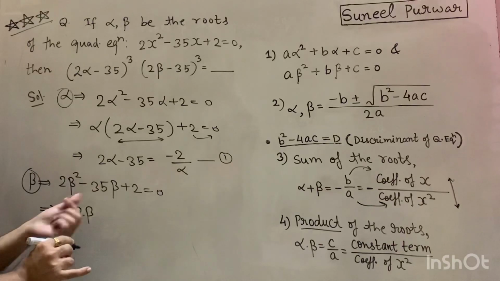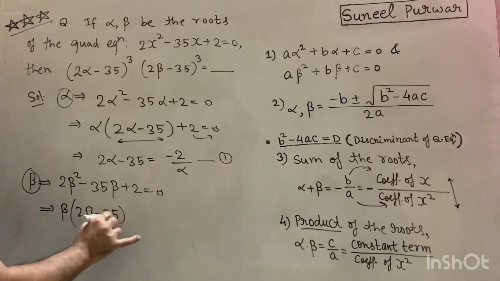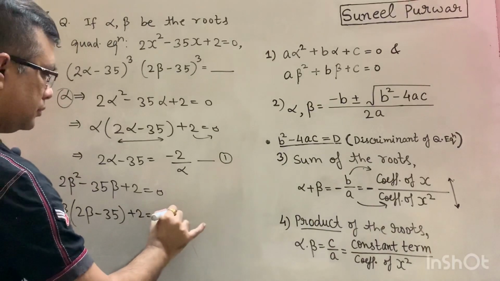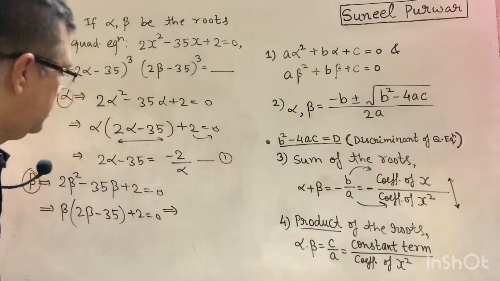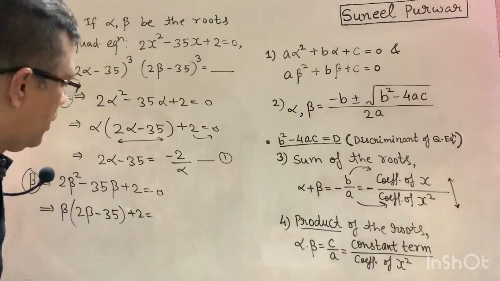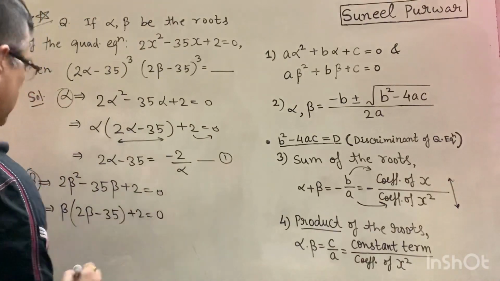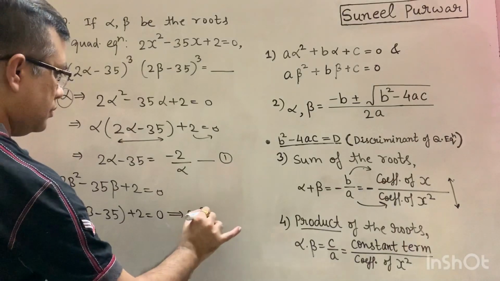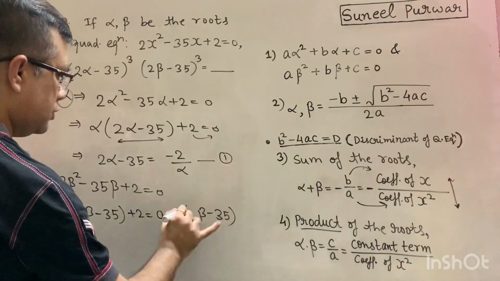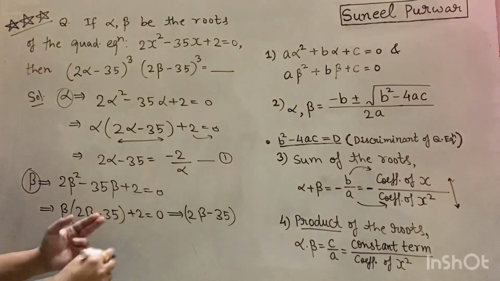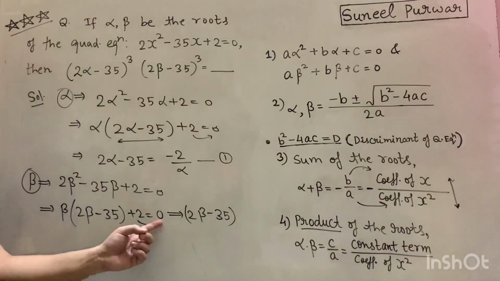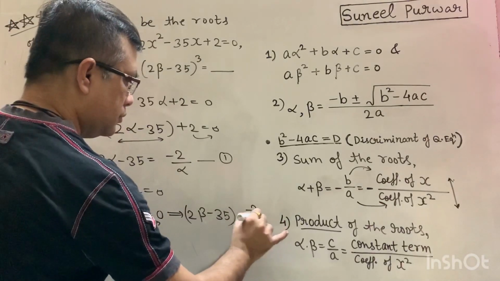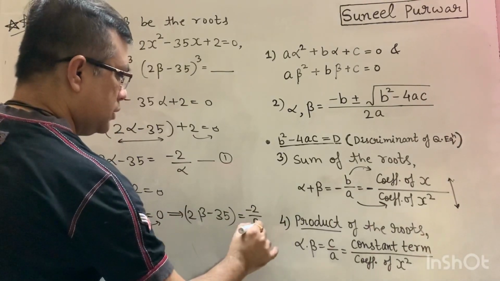Take beta common. So 2 beta minus 35 plus 2 equal to 0. That means 2 beta minus 35 is equal to minus 2 by beta. Let's say this is relation 2.